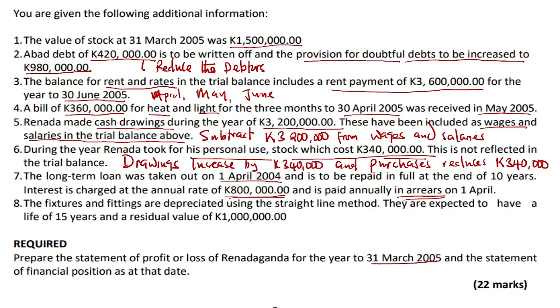Unless it was already in the trial balance, but it was on the note. So if it is in the trial balance, the debt value that you're going to see in the trial balance shows that this has already been subtracted from there. So our debtors are going to reduce by 420,000, and also the provision for doubtful debts.